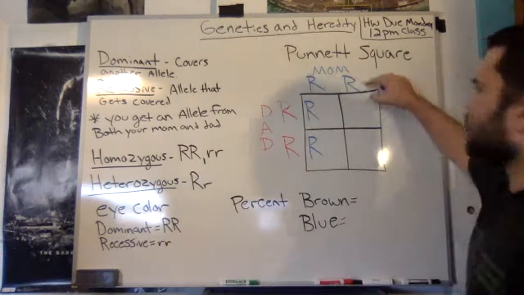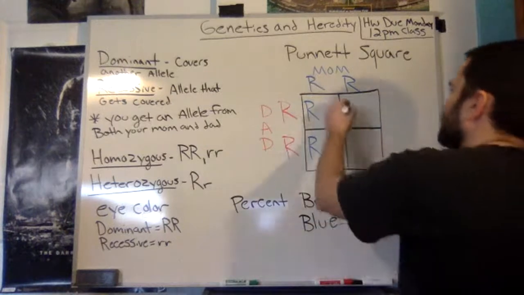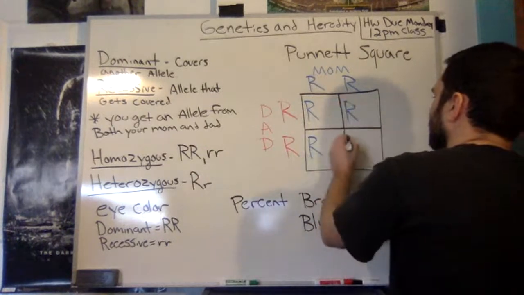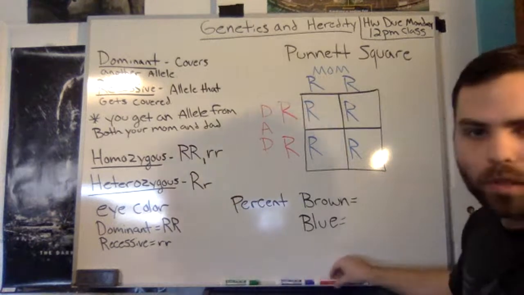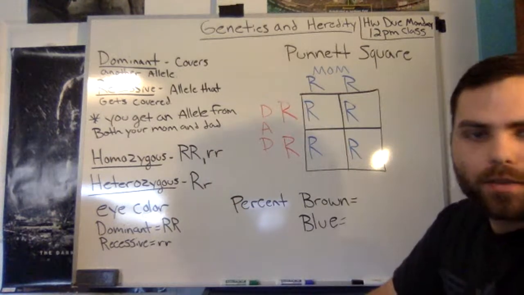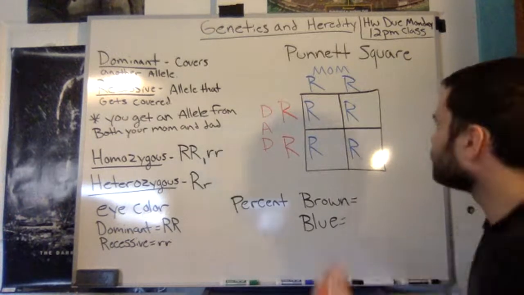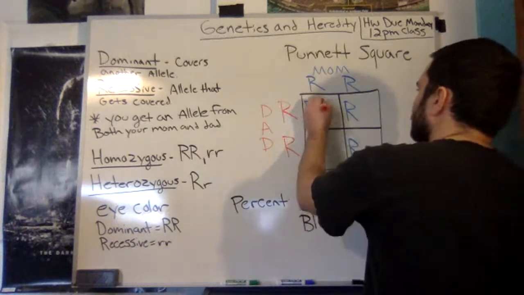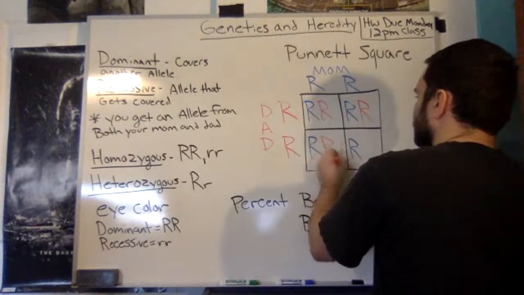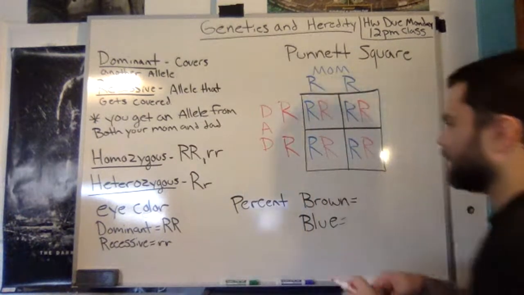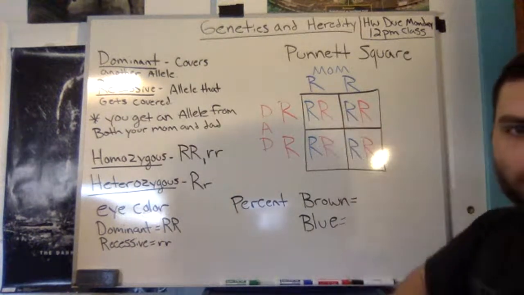Since mom has another uppercase allele, we're going to bring that down, and then do that again. Right now, we only put the alleles that you get from your mom. Now we're going to do the same thing with dad. We bring it across. We got another uppercase, uppercase, uppercase. So these are the alleles that are passed on.